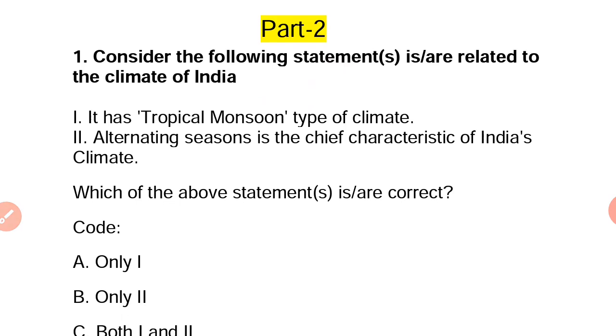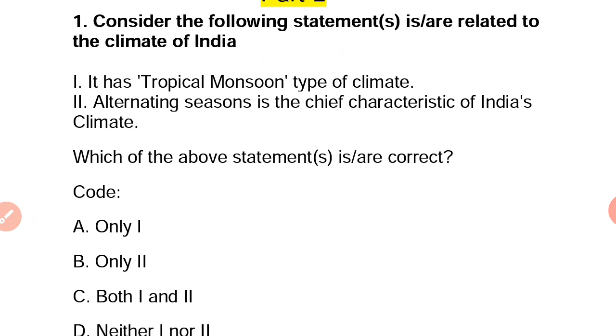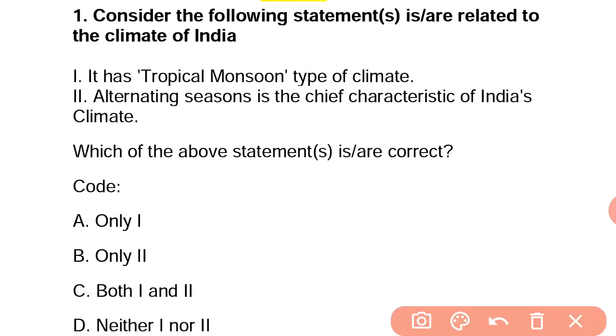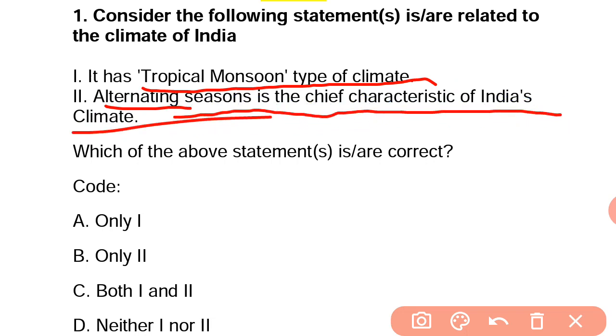Part 2. Consider the following statements related to the climate of India. I. It has a tropical monsoon type of climate. II. Alternating seasons are the chief characteristic of Indian climate.